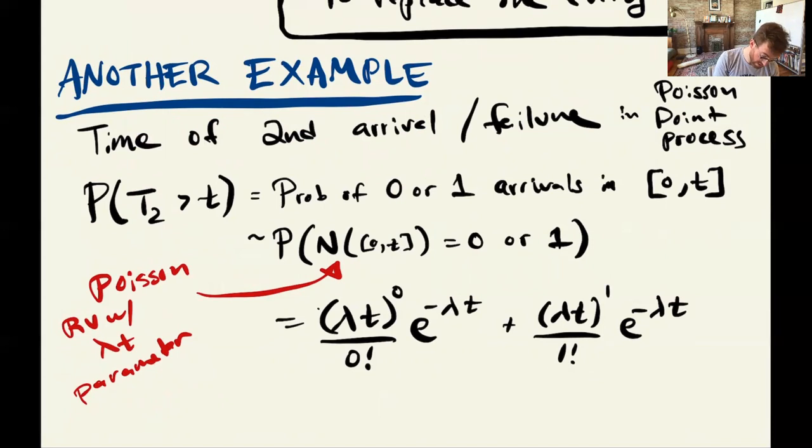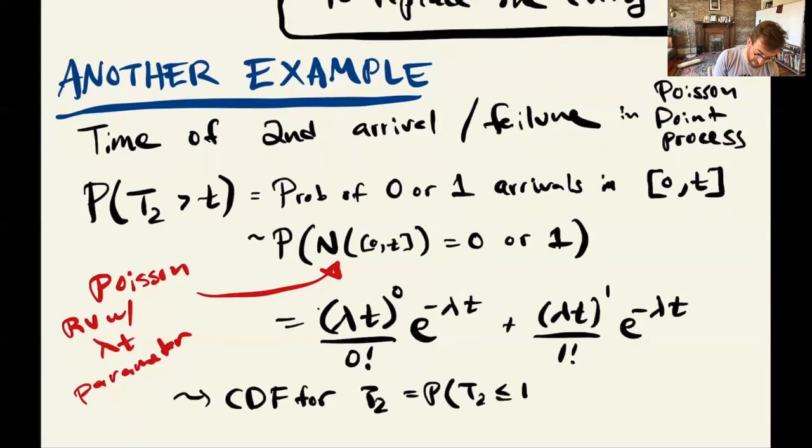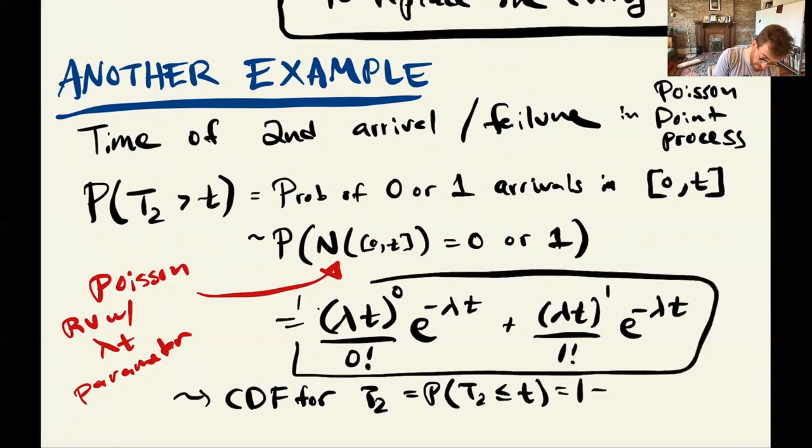And so then we took the derivative of this, or now we got the CDF. So the CDF for T2, the probability that T2 is less than or equal to t, is now 1 minus this expression. We call this star. It's 1 minus star. To determine the PDF, we just had to differentiate.